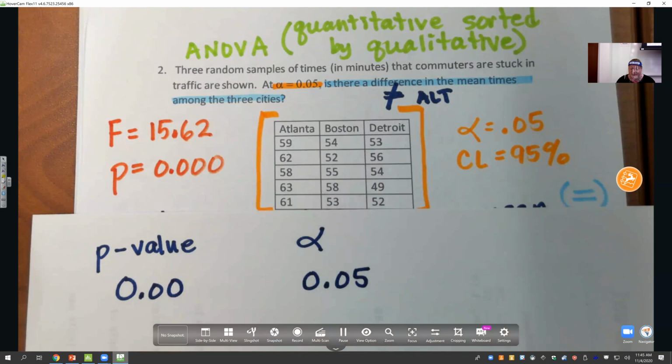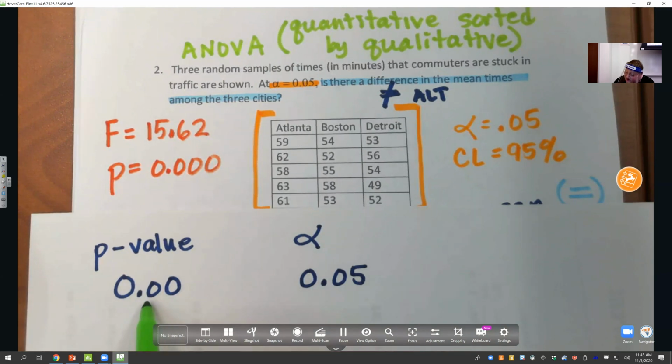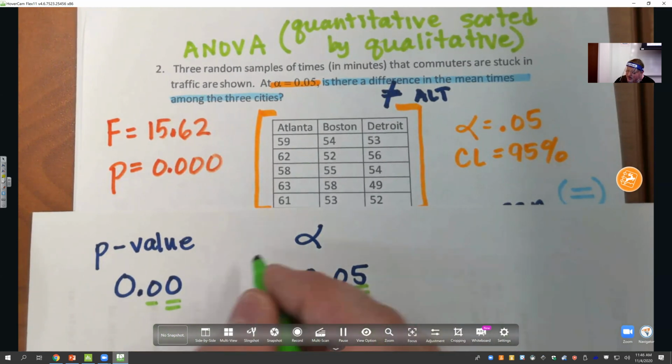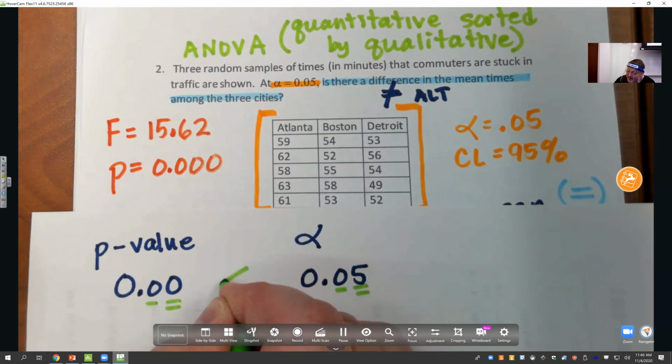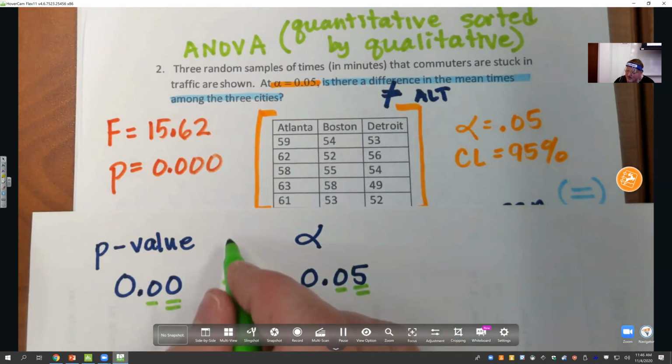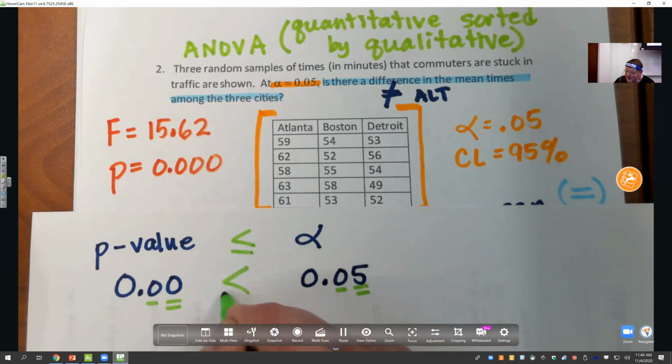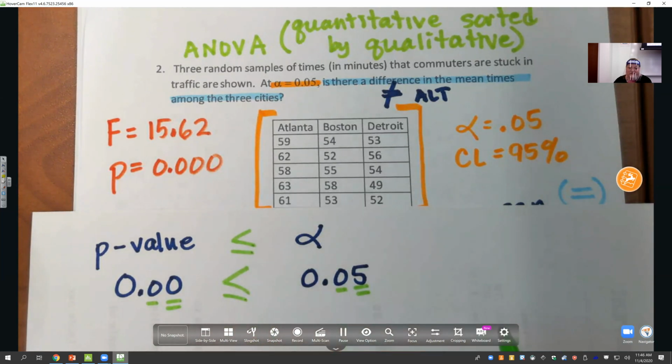Same comparison that we've been doing since we started hypothesis testing. It hasn't changed. So if I compare 0 to 0, there's no difference. 0 compared to 5, 0 is less than 5. So P is less than or equal to alpha.